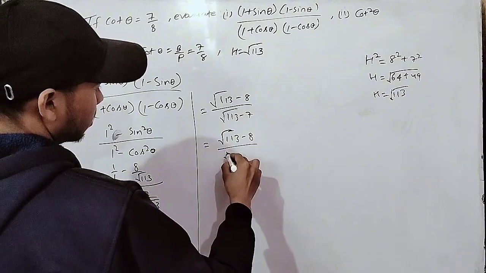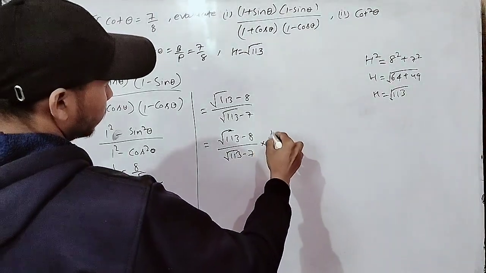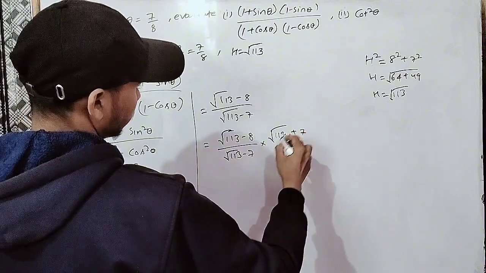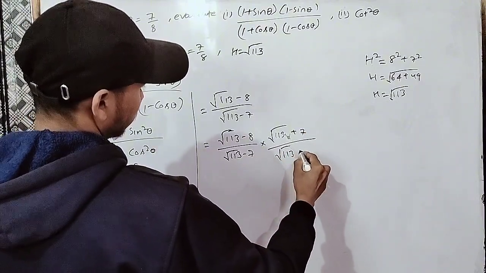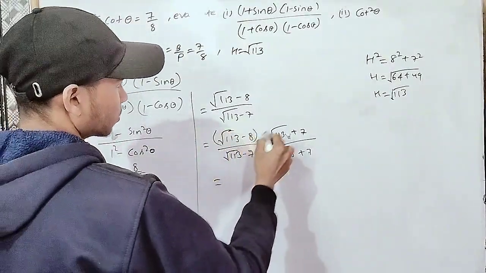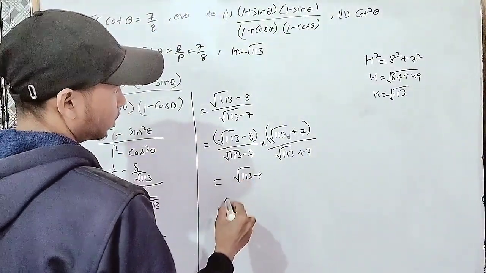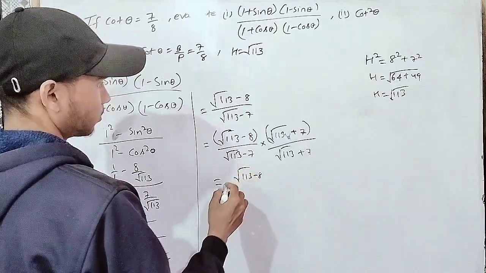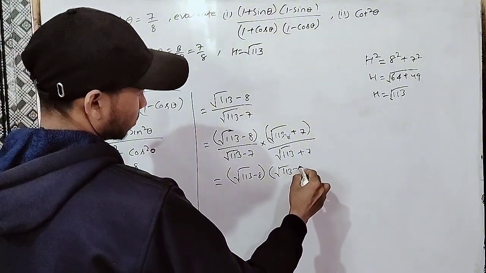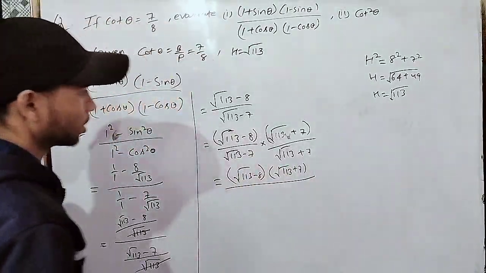Rationalization to remove the root. Then here, can we write like that? The root will get cancelled out.